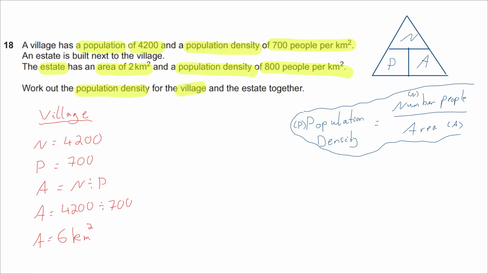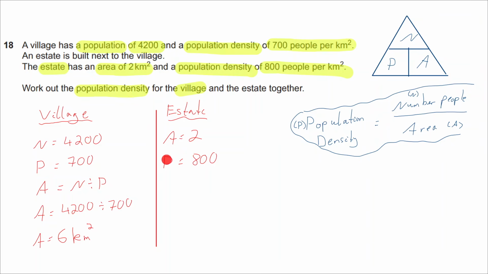Let's now consider the estate over here. The estate has an area of 2 kilometers squared and a population density, so P, of 800 people per kilometer squared.